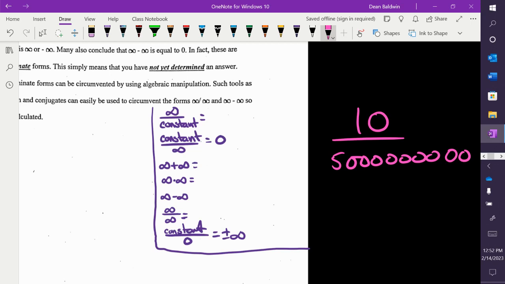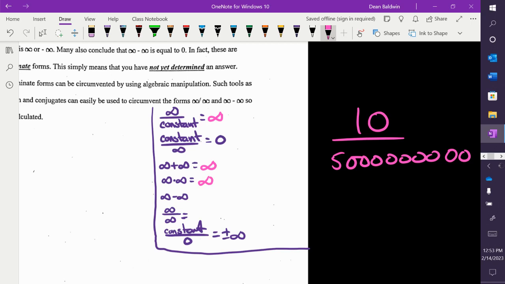Infinity divided by any constant, so a really, really, really big number divided by a constant, is infinity, a really, really big number, right? So this is going to be infinity. Infinity plus infinity will be infinity. Infinity times infinity will be infinity. Makes sense?